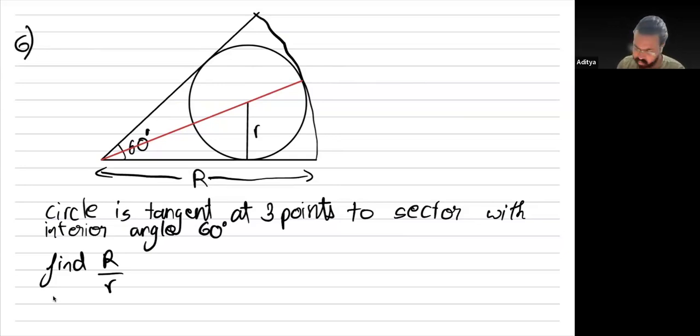Vaibhav, what are you asking? Correct, this length is capital R, because it is also the radius of the sector.